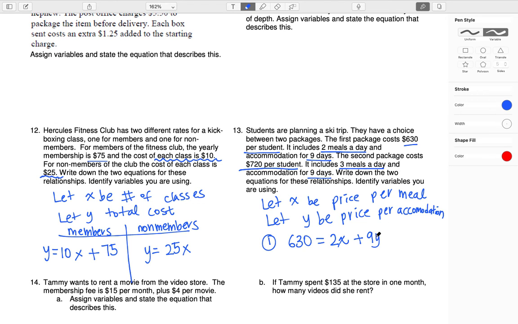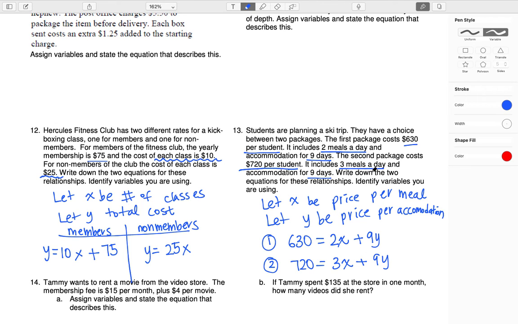So that is the price of the 9 days, and x is the price per meal, for 2 meals in this case. For the second package, it's going to cost $720, and it includes 3 meals, so 3x, plus 9y. And this is how you get the 2 different variables.